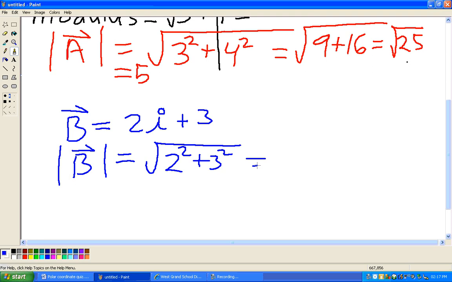Folks, what does that work out to be? 4 plus 9 is 13. Good. Square root of 13. So it's just the square root of 13. Yep. Not everything works out easily.